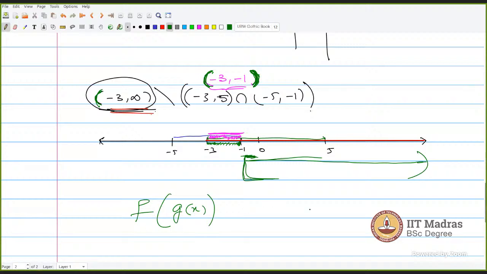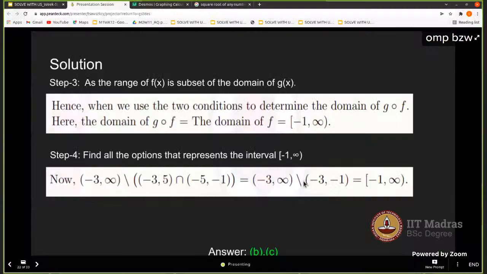If it is like this, the first thing you have to find is the domain of G. Next you have to find the domain of F and range of G. See, if you solve for f of g x, you will not get the proper domain. You will get the range, you will not get the domain.